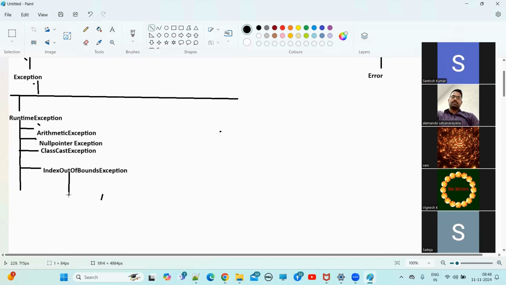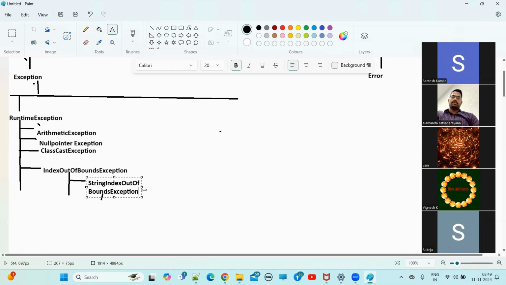One is StringIndexOutOfBoundsException. The other one is ArrayIndexOutOfBoundsException. These are child classes of IndexOutOfBoundsException.